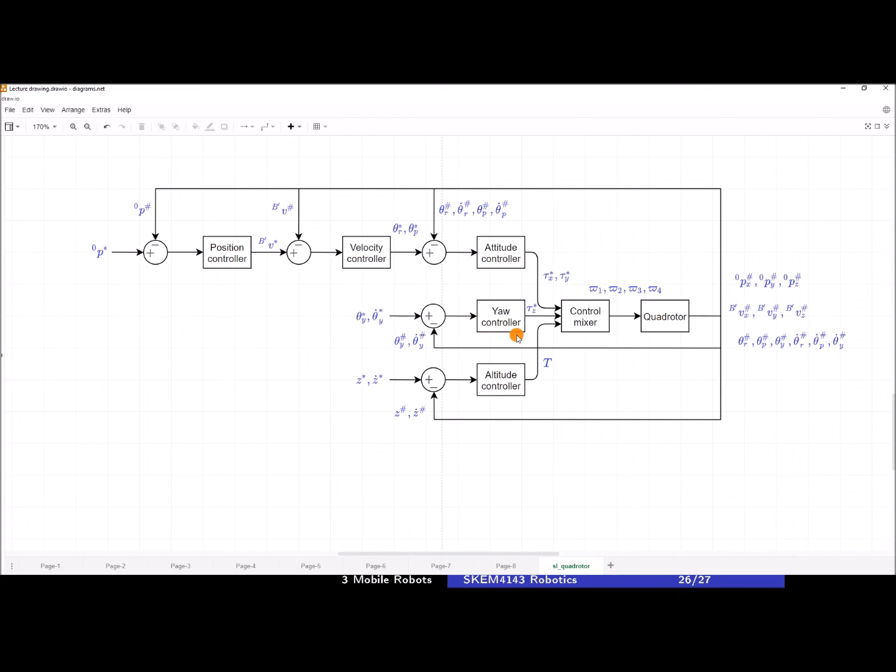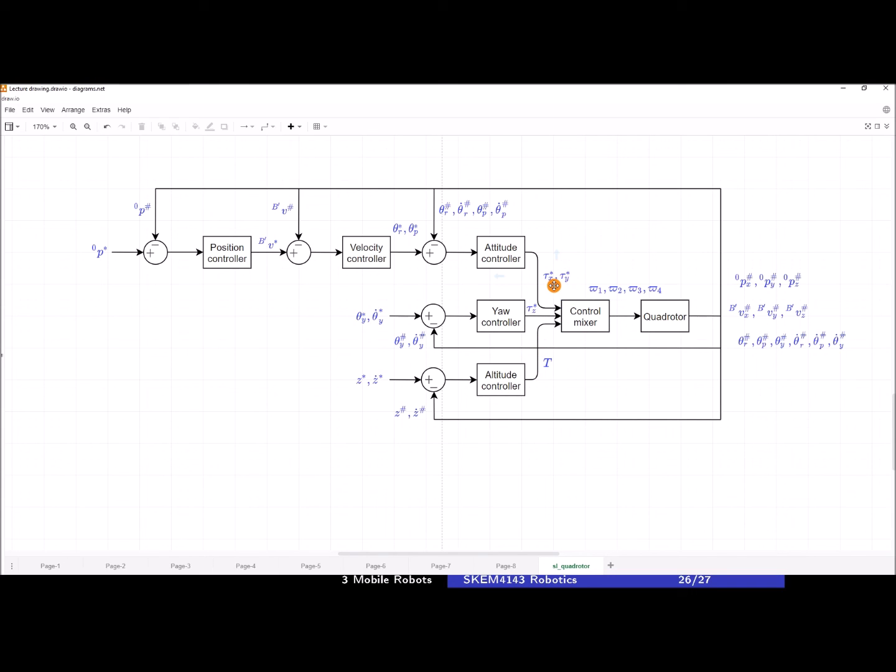It goes to the yaw controller and we generate the desired yaw torque, or the torque about the z-axis. And finally, for the altitude controller, in order to achieve the desired height, we have to compute the desired thrust. So all these are desired, right?